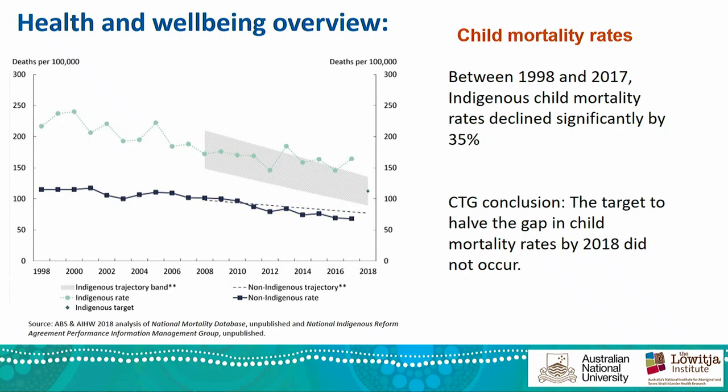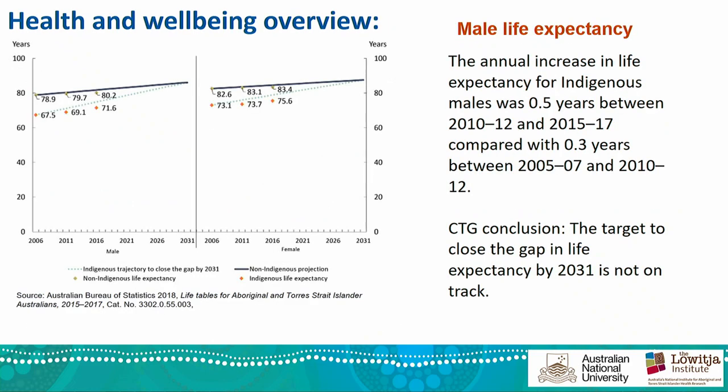And so in this space, often because issues are urgent and pressing, people go, we have to do things and we have to do big things and we have to do them fast. But I'm a fan of slow research. I've talked about this before. And that we need to take considered approaches. I've only taken male life expectancy here, so we take another example from the Closing the Gap report.